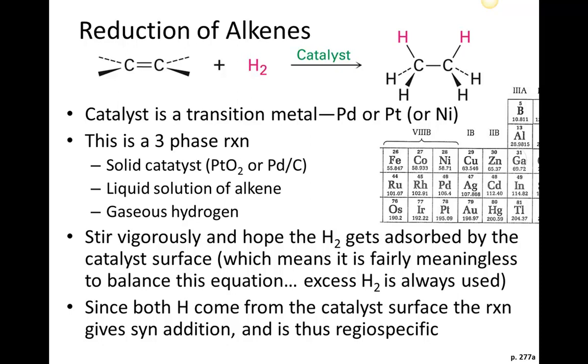Usually in the book they'll use either platinum or palladium, and the platinum in the form of platinum oxide or palladium on carbon. Now the way these things are made, the platinum is a precious element. It's pretty expensive. So by making it into its oxide, it still works, but it means that you've added a lot of mass so you can actually weigh out and be able to see how much you're getting.